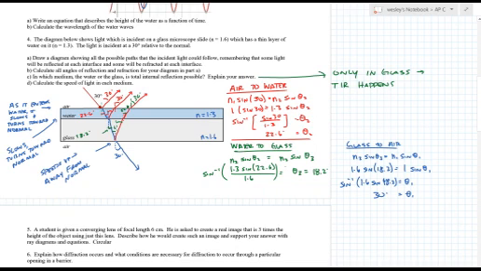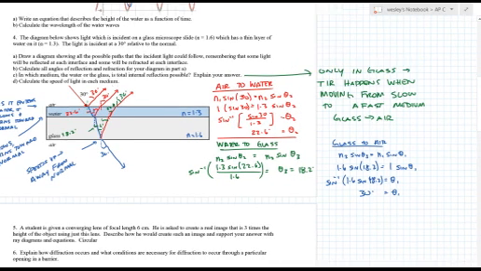Total internal reflection happens when moving from a slow medium to a fast medium. The only time that happens is when the light is leaving the glass going into air. That's it.